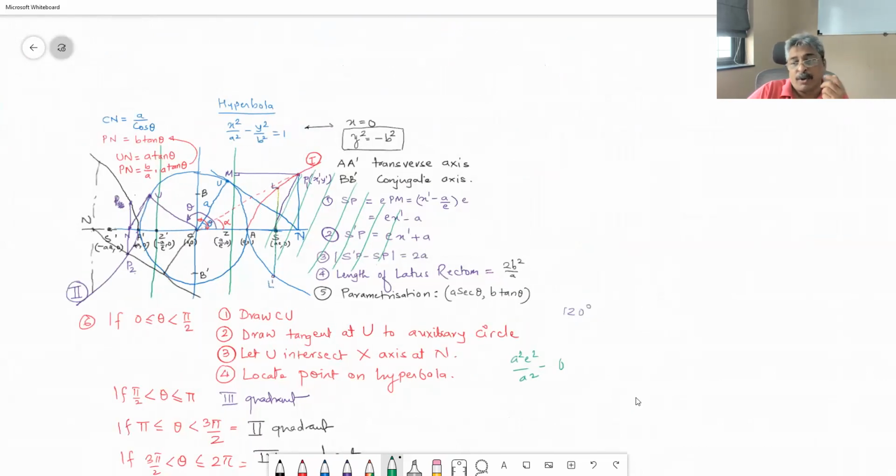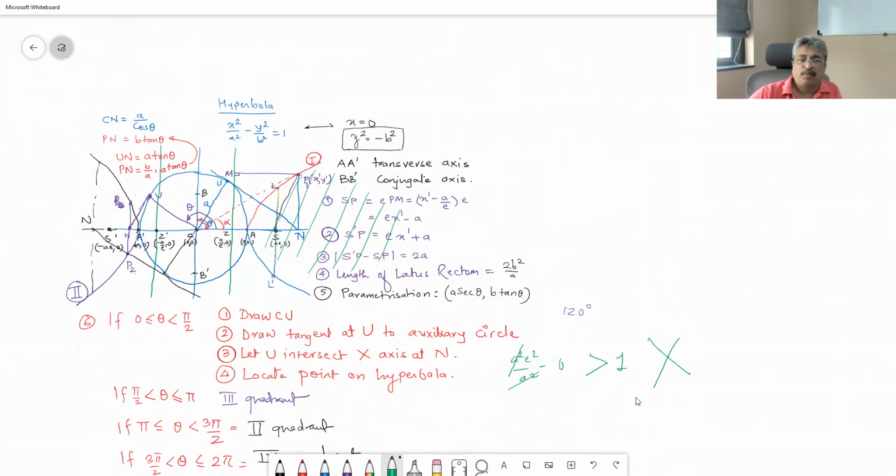So we have the point focus in this part of your hyperbola. So a square e square upon a square minus 0. Is it greater than 1? Yes, our eccentricity is greater than 1. Therefore, this is greater than 1 and hence no real tangent.